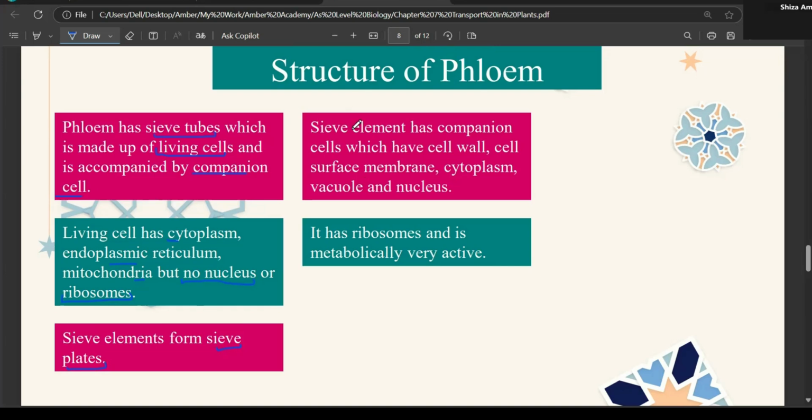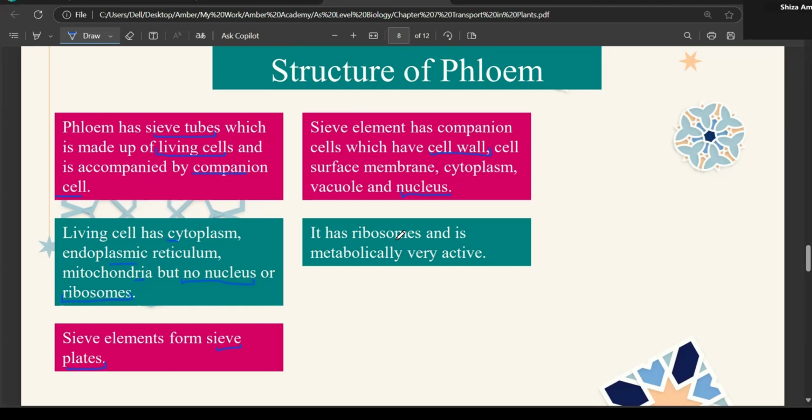Okay? Then the sieve element has companion cells. So a sieve element has another cell which is known as a companion cell, and it has proper cellular components including cell wall, cell surface membrane, cytoplasm, vacuole, and nucleus. So the living cell of phloem did not have a nucleus, but the other cell accompanying it, the companion cell, has a nucleus.